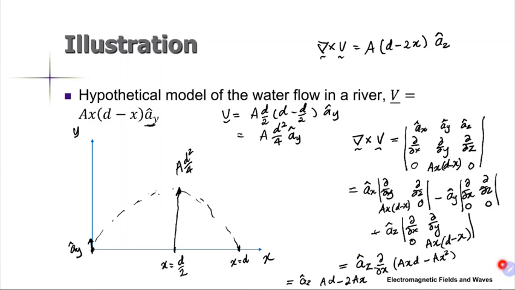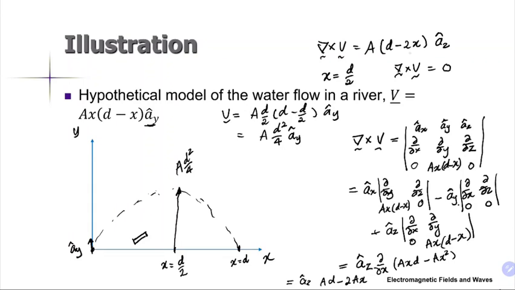So what does this curl actually mean? I'm not sure whether you tried this before. If you put a plank on the river, do you know what happens to this plank? Have you ever tried that? So at x equals d over 2, my curl will be equal to 0.